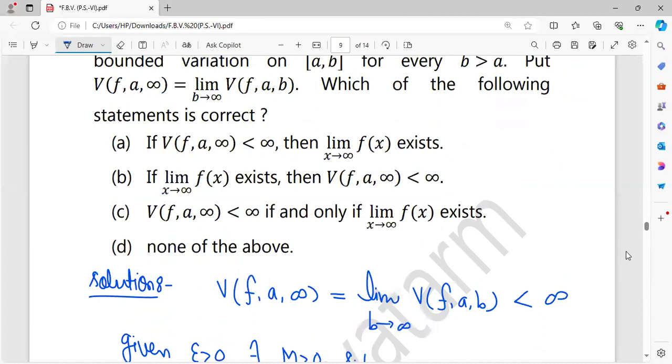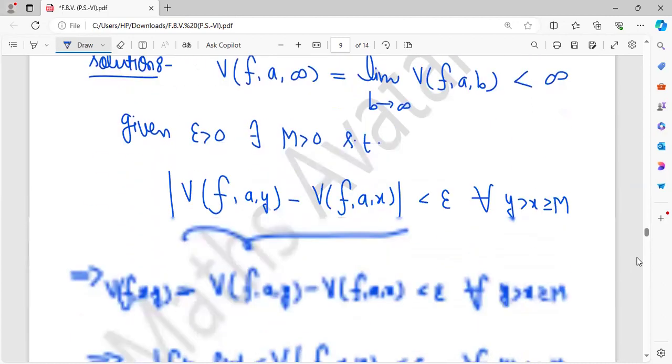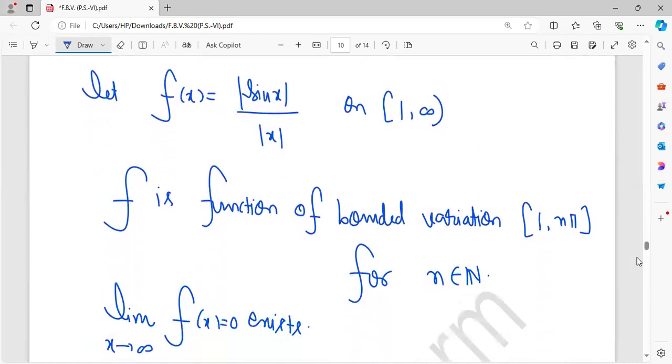Obviously C is not correct because it is if and only if: if the limit exists, the variation need not exist, as we have checked. And "none of the above" is not correct because the first option is correct. So option A is correct. Now move to the next question.